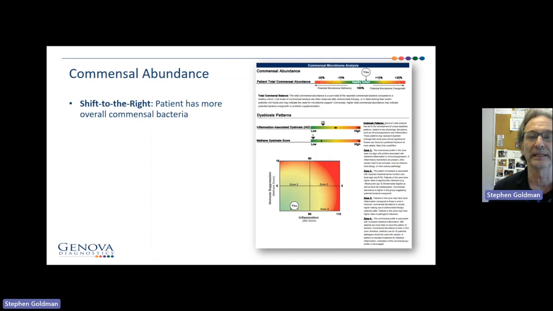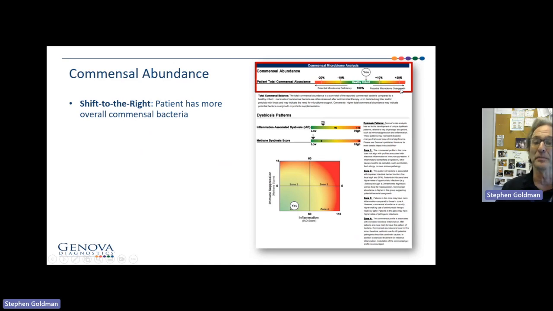So let's look at the commensal abundance. You see here at the top, a shift to the right means the patient has more commensal bacteria. So where it has healthy cohort, 100%, this represents your patient. If the line drops right over 100%, they have the same population, but it could move to the right, in which case you're thinking about potential microbiome overgrowth.